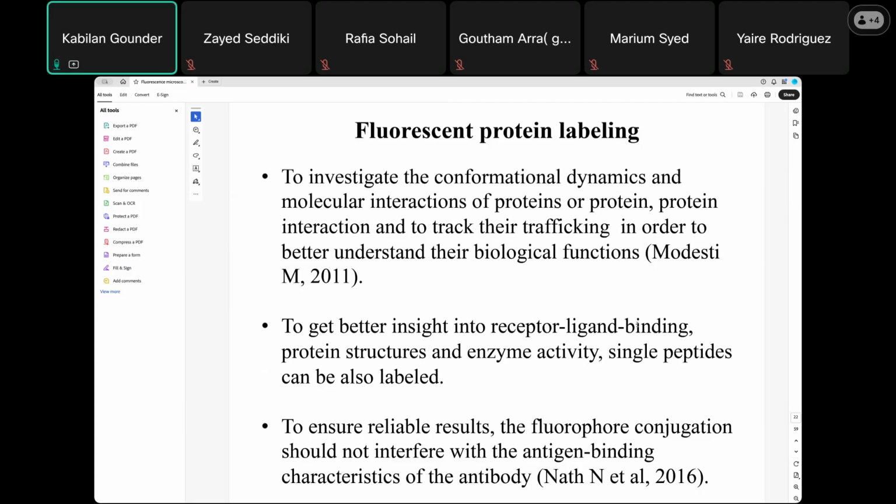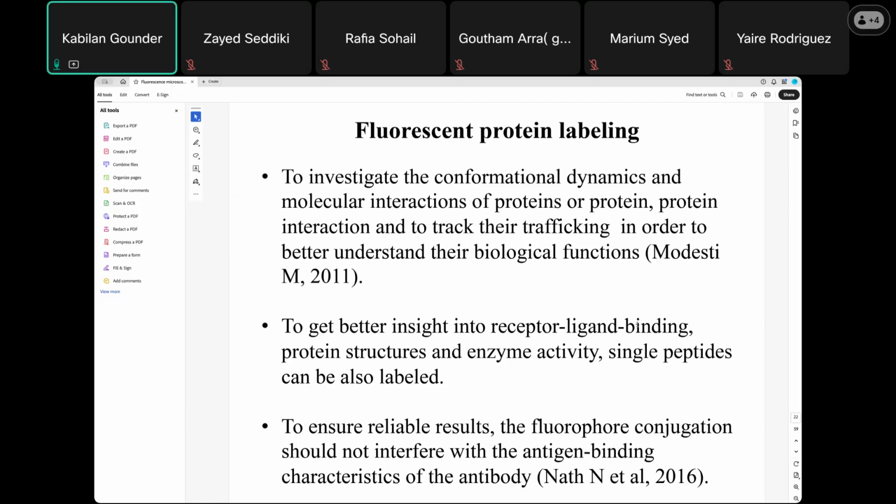Also, to ensure reliable results, the fluorophore conjugation should not interfere with the antigen binding characteristics of the antibody. So when you do protein labeling, we have to make sure that the conjugated dye or fluorophore does not interfere with the binding of the antibody to the antigen.